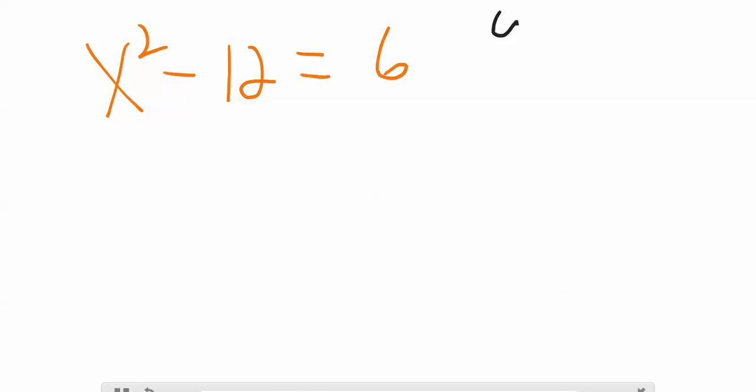How about if I had something like x squared minus 12 equals 6. If you just thought about the left side as being y equals x squared minus 12, and the other side being y equals 6.